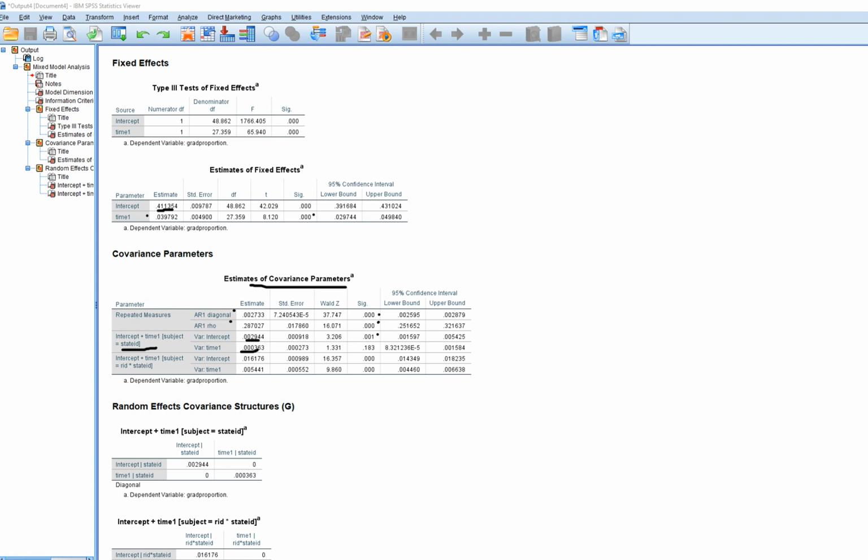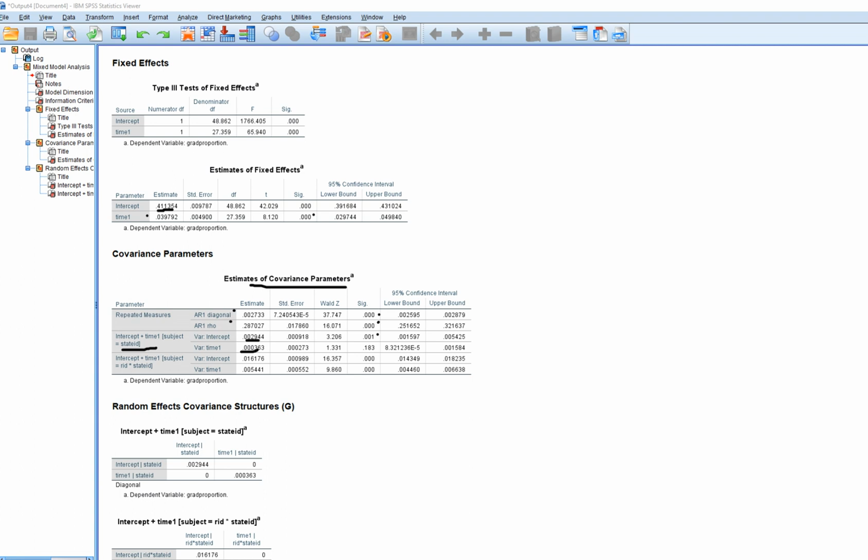So there may be state level factors that predict variation in the intercepts between states, but it doesn't look like there's significant variation between states when it comes to the time slope.